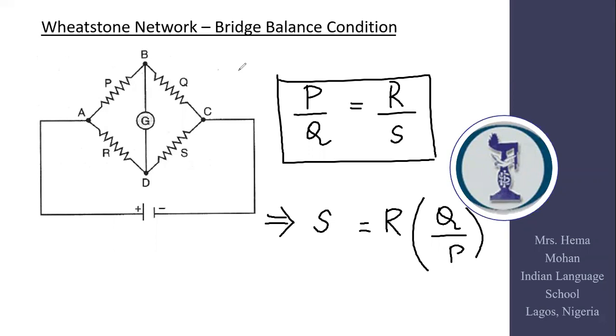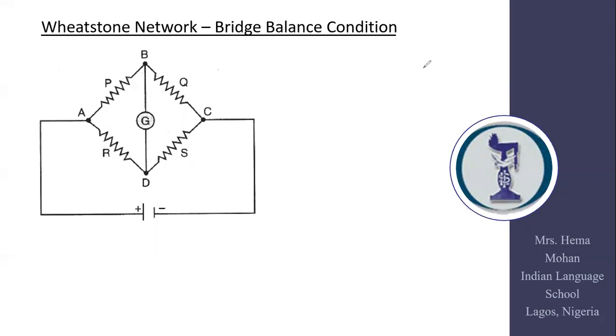Sorry for the wrong positioning of the words. Not experimentally used, used for experimental purpose in order to determine the unknown resistance of the resistor provided to you. Is that clear, children? Wheatstone bridge balance condition.